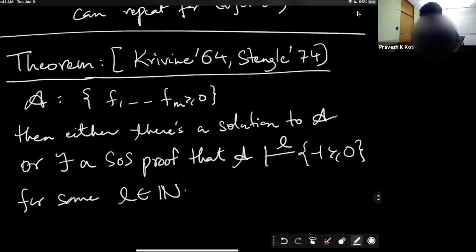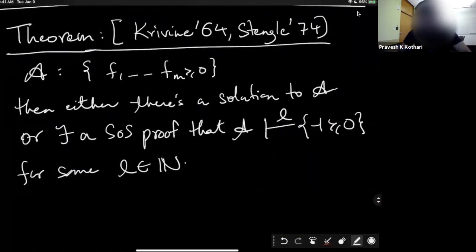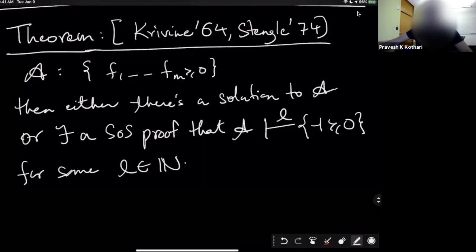It's saying that either a system of polynomial inequalities that we are given is non-empty, as in there is truly an x that satisfies all those inequality constraints, or there is a sum of squares proof of the bogus polynomial inequality minus 1 bigger than or equal to 0 over the set A.